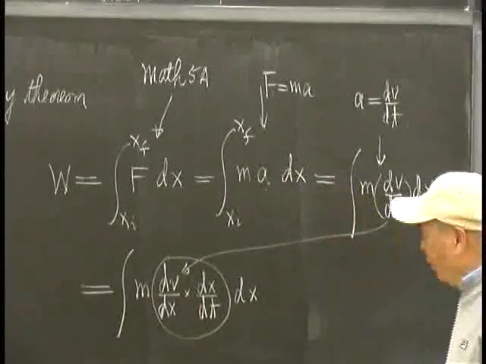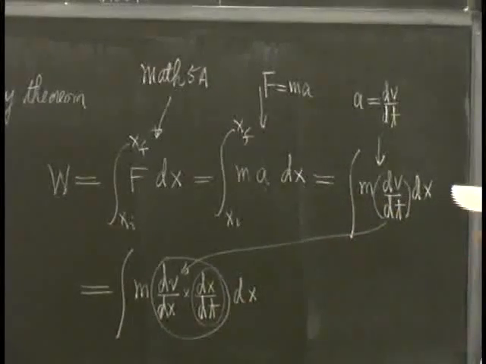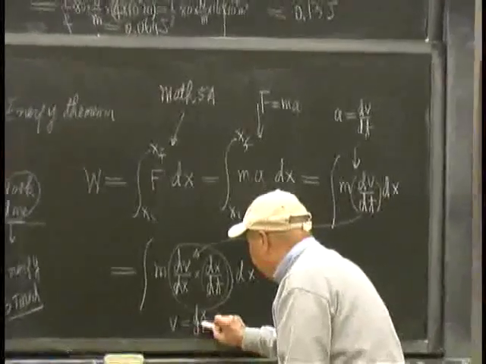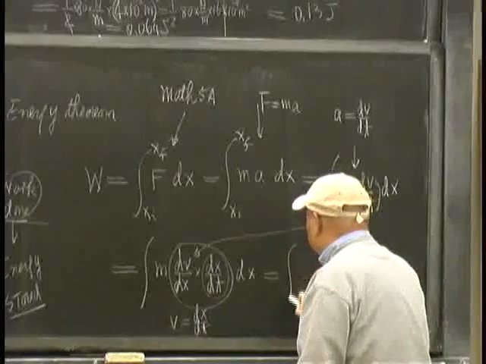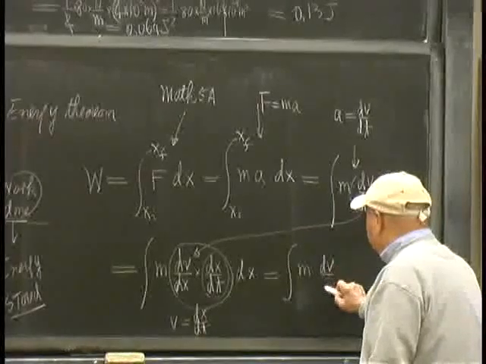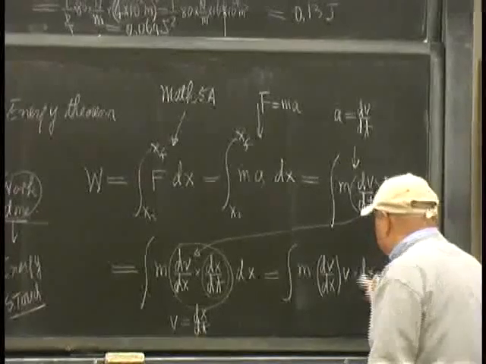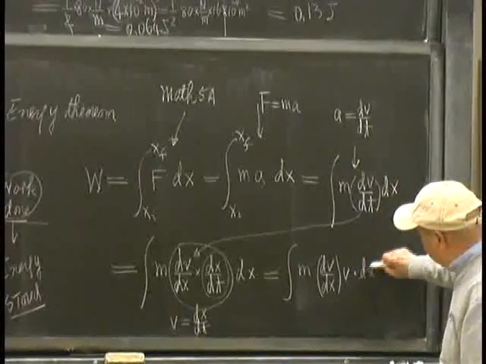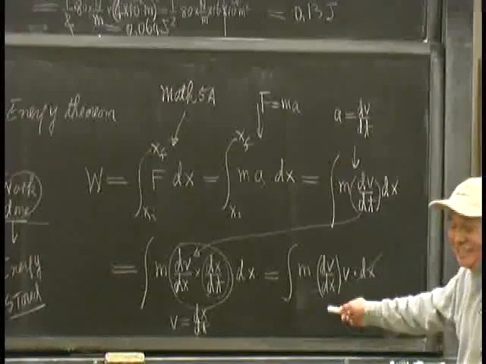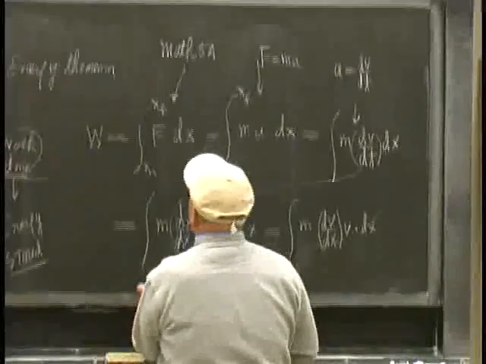Okay, so what is dx/dt? dx/dt is v. So in that case, that equals the integration of m and then dv/dx, and then this part equals v, and then here is dx. And dx, don't tell the mathematician I did that. Right? The physicist did it. Okay, cancel this. So now the variable is changed.